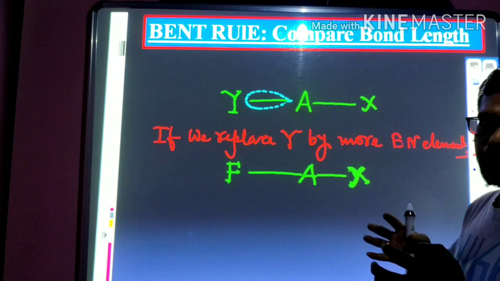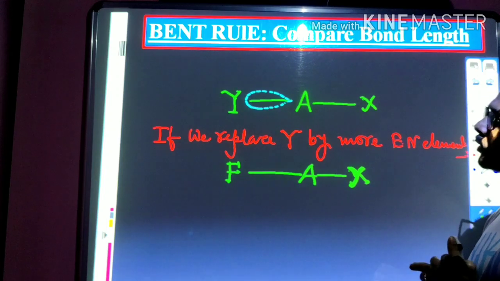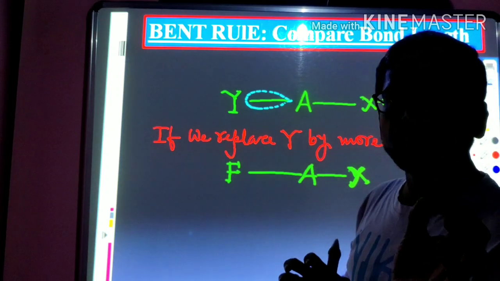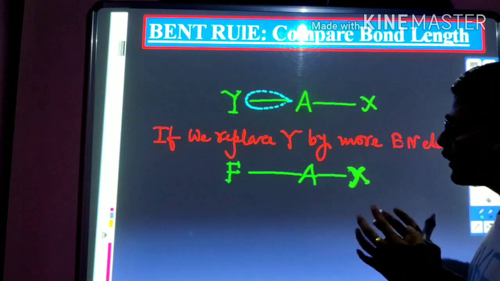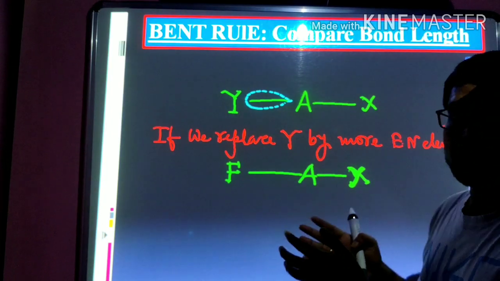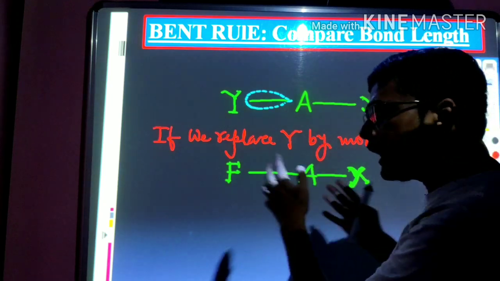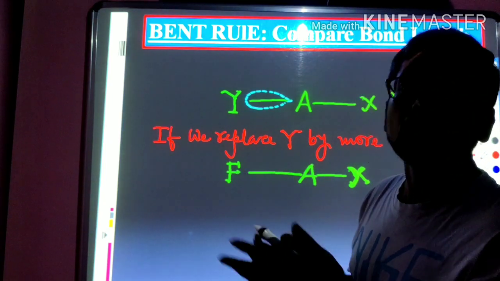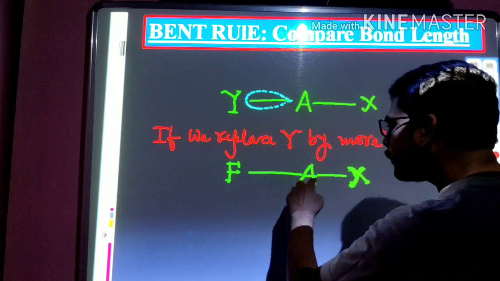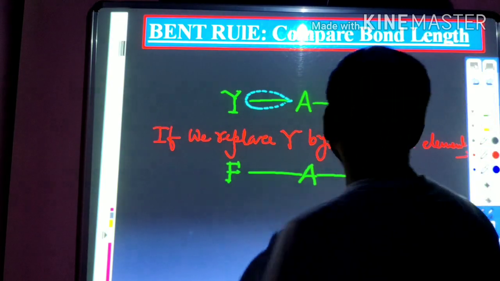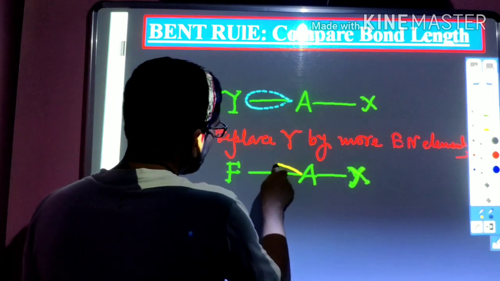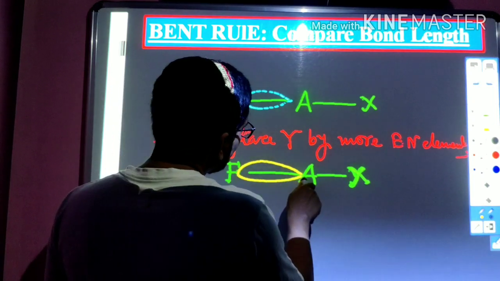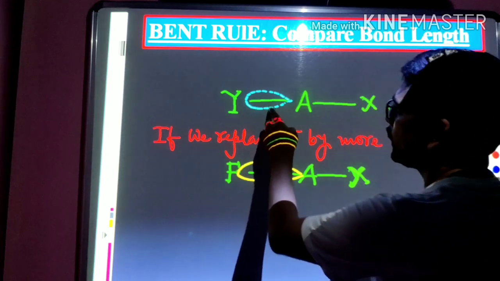If the orbital has a lower percentage of S character, as I showed earlier, percentage of S character less means the orbital will get thinner and longer. So in this case, the orbital will be like this.